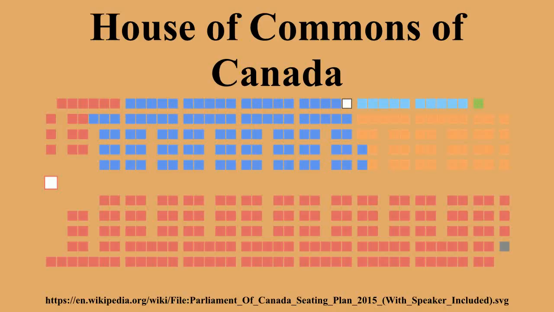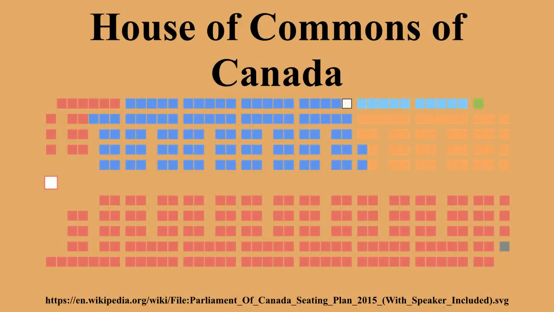Qualifications. Under the Constitution Act 1867, Parliament is empowered to determine the qualifications of members of the House of Commons. The present qualifications are outlined in the Canada Elections Act, which was passed in 2000. Under the Act, an individual must be an eligible voter as of the day on which he or she is nominated in order to stand as a candidate.